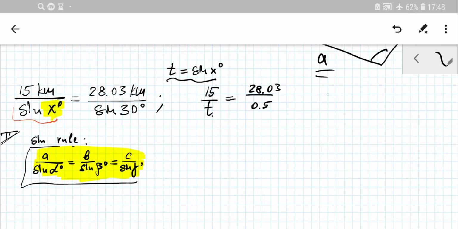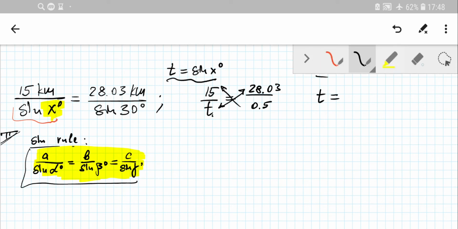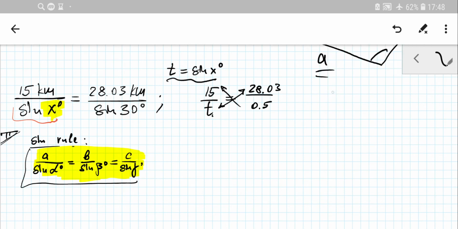Just remember how it can be resolved, crisscross multiplication. So I've got 15 times 0.5, over 28.03, equals t.